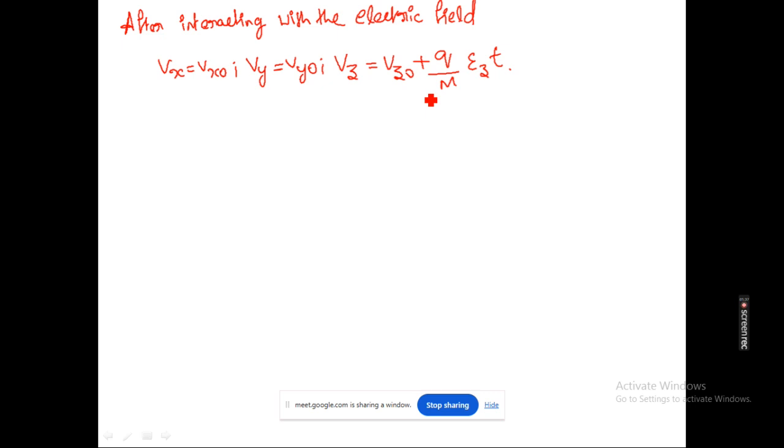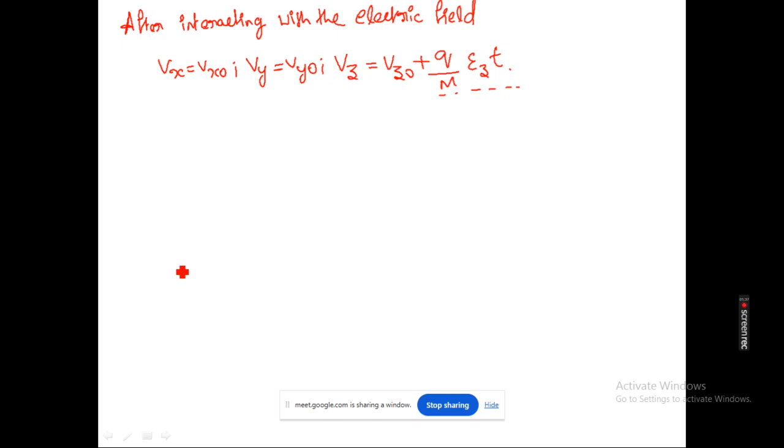In the z direction, the initial velocity plus a term which is linear in nature is added. This term is linearly increasing with respect to time, so Vz is linearly increasing as time goes on. The motion of the particle along x and y will not be affected by the electric field.